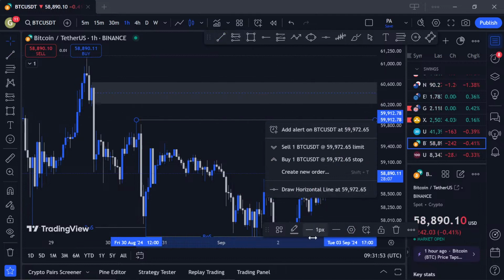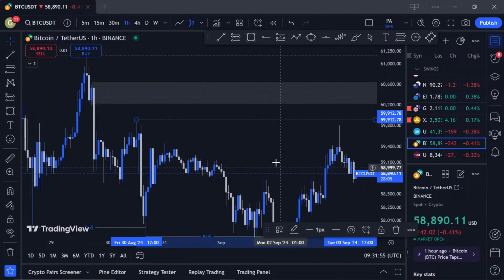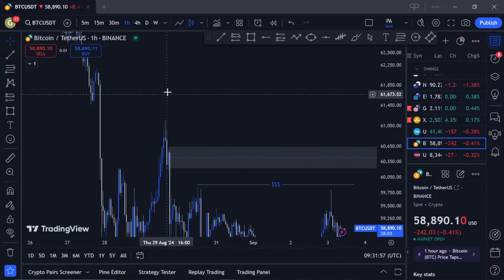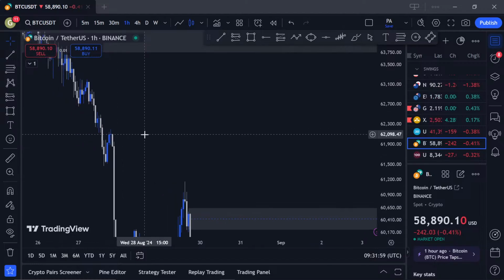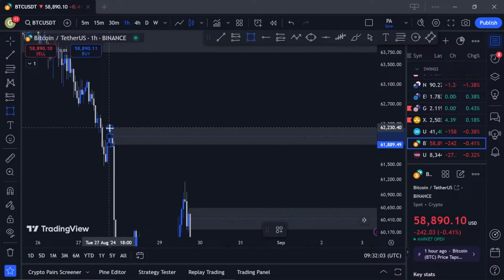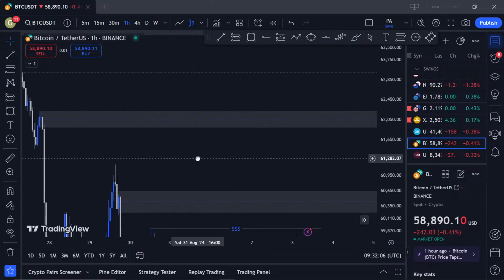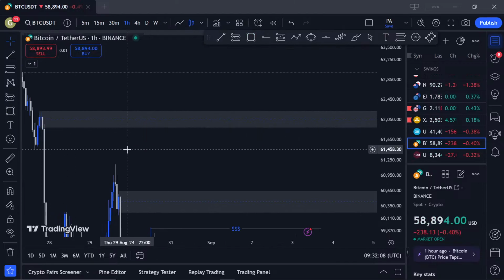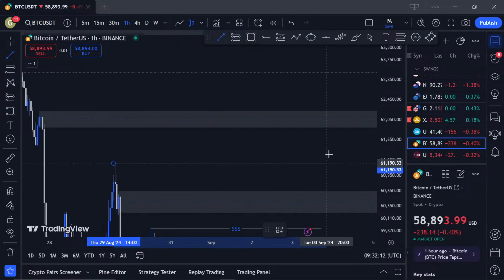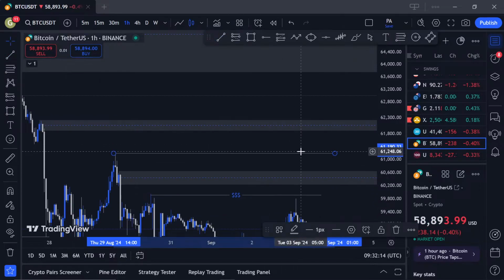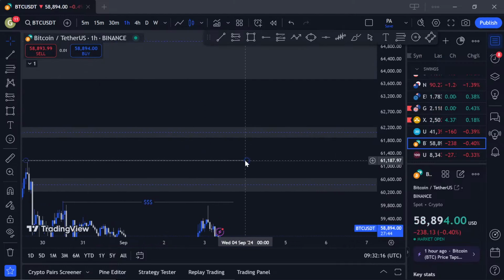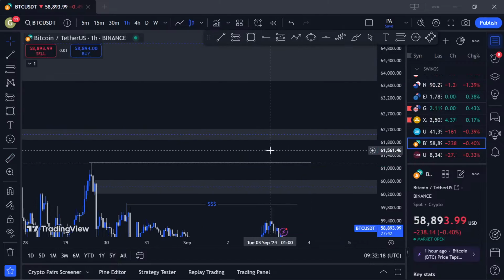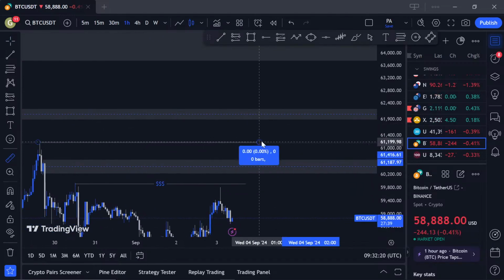And here's another level that we could be looking to trade from, and this one has a very far liquidity level also. These are the levels we are looking to trade from on BTC US dollar.